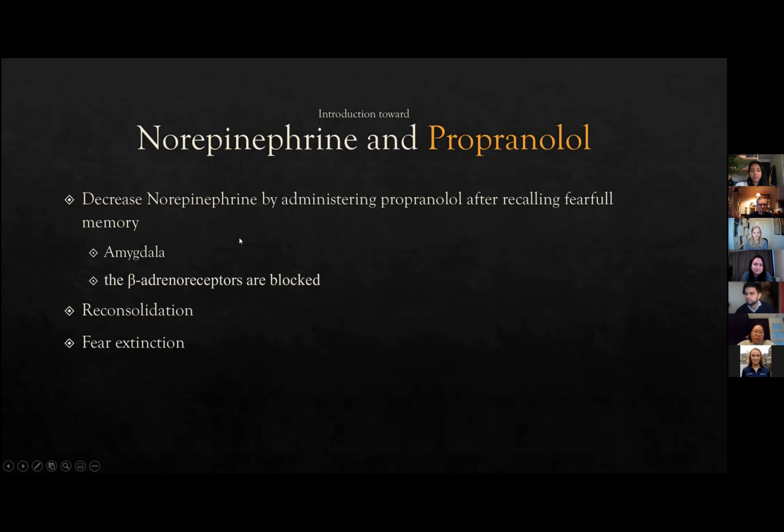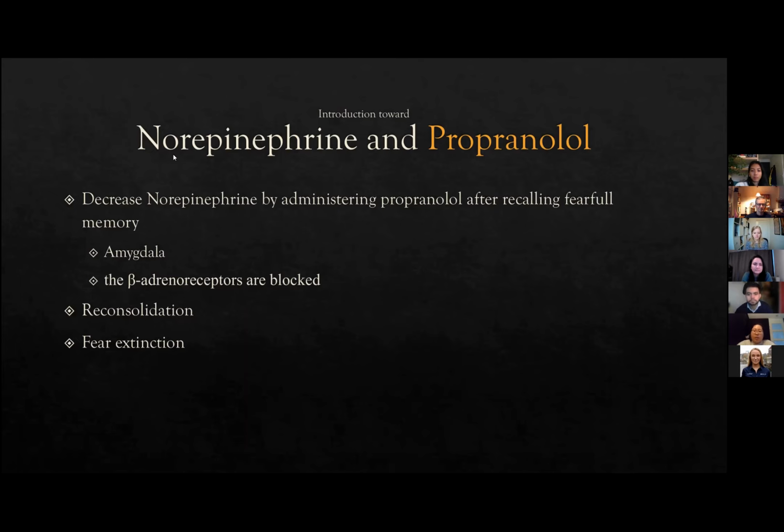Basically the beta adrenergic receptors are blocked, which means people are not frozen in fear anymore, but are open for reconsolidation. After an exposure to fear, people get propranolol administered, so they're not frozen, but open to learning a new experience.